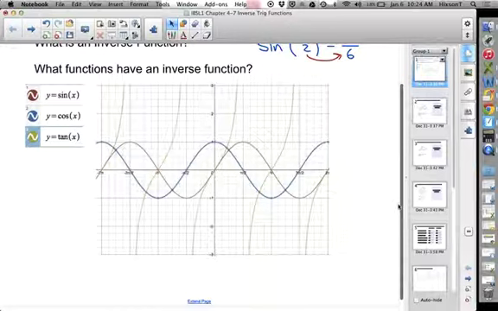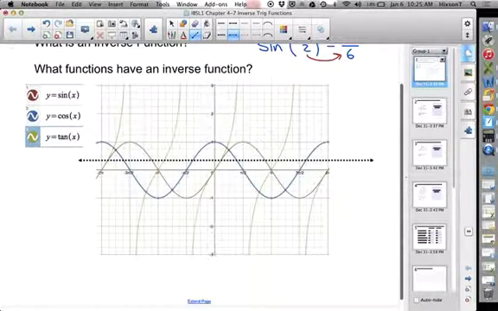Think about it. Do any of those pass the horizontal line test? No. But for one of the sections, one of the sections, what do we call those? Periods. The period. Yes.